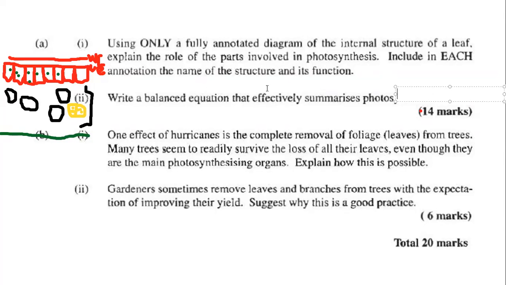All right, so looking at the internal structure, let's write it down so everybody can be on the same part. We have the upper epidermis. Then beneath the upper epidermis, we have the palisade mesophyll. I missed the waxy cuticle. Then the spongy mesophyll.